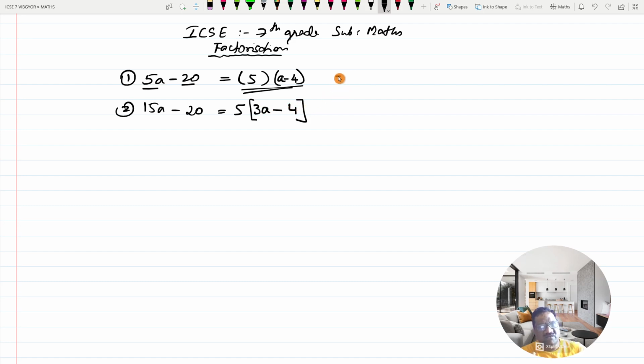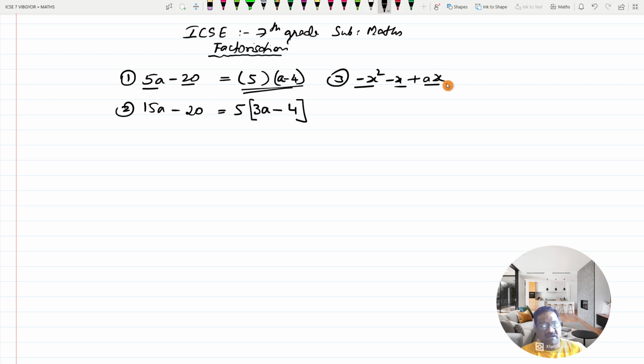Okay. Now let us go for the third one. The third one is minus x square minus x plus ax. Now here you will find that there are three terms. Okay, these are three terms in this expression. Now in all these three terms, what is common that you can see? I can see that there is an x which is common.